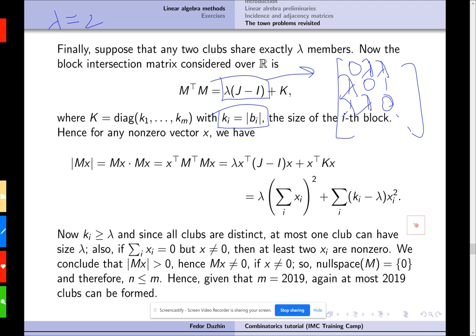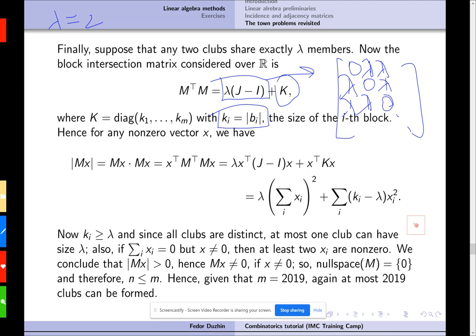So what does it tell us? This part just gives us the rule under which every two clubs should share exactly lambda members in common, right? And this K here is the diagonal matrix with the sizes of the blocks on the diagonal, right? So this is also a part of the definition.